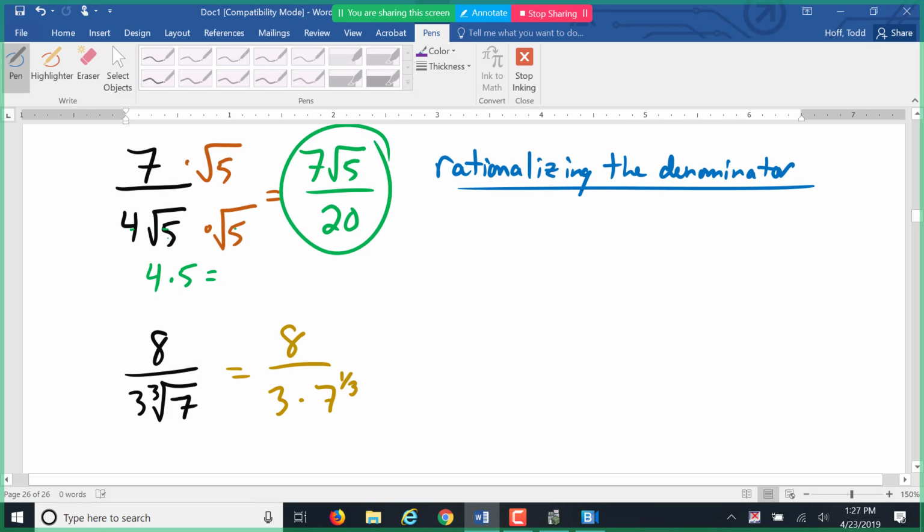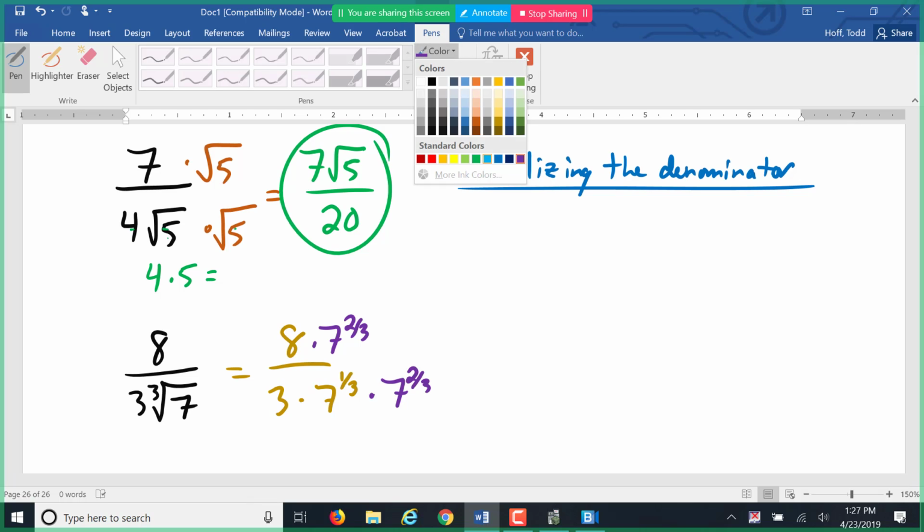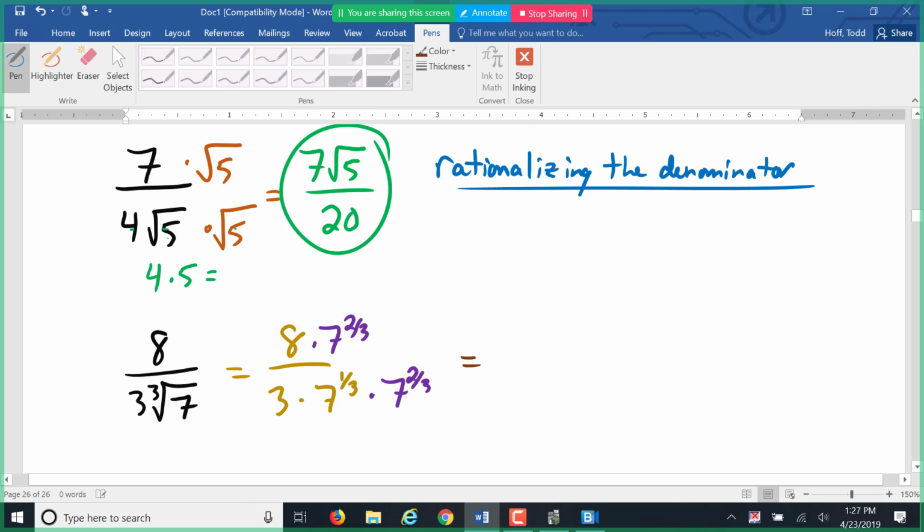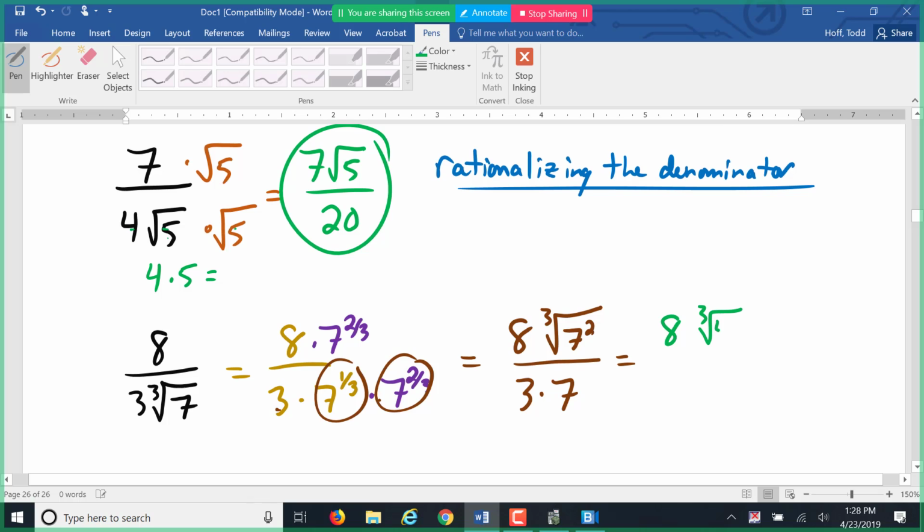With it in that form, it was easier to see we had to multiply by 7 to the power of 2/3, remembering that 7 to the power of 2/3 is the third root of 7 squared. Now 3 times nothing is just 3. 7 to the 1/3 times 7 to the 2/3 is 7 to the 1, or just 7. So this is 8 times the cubed root of 7 squared, which is 49. 3 times 7 is 21.